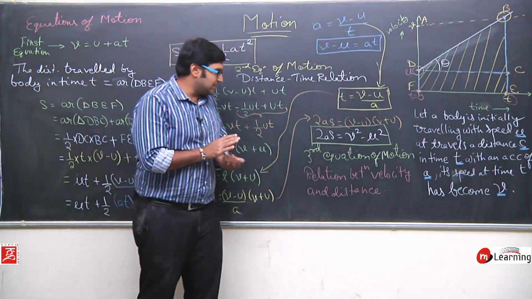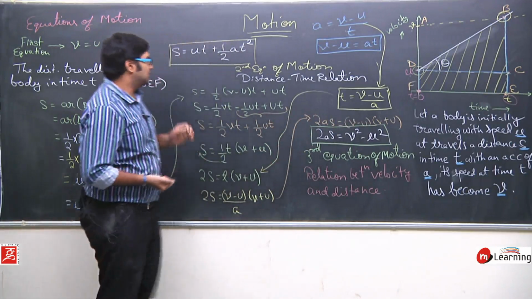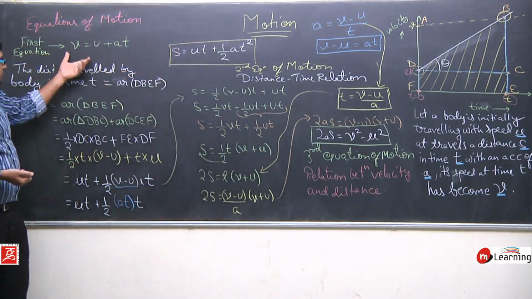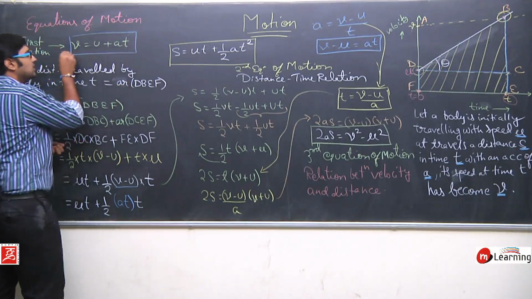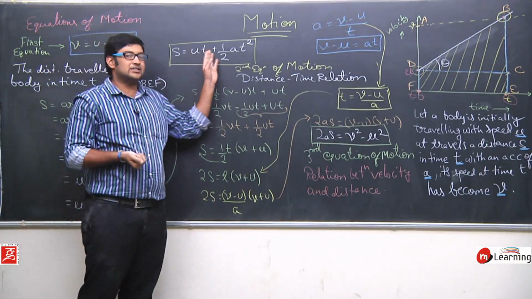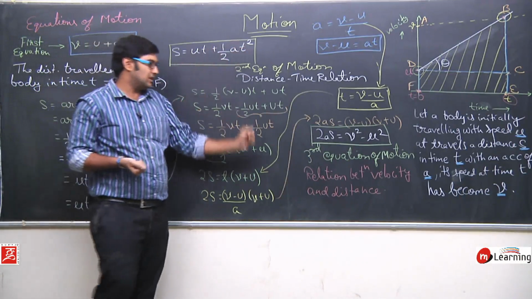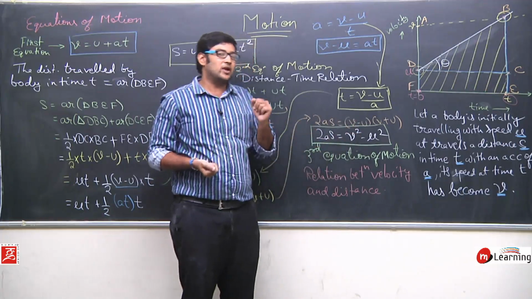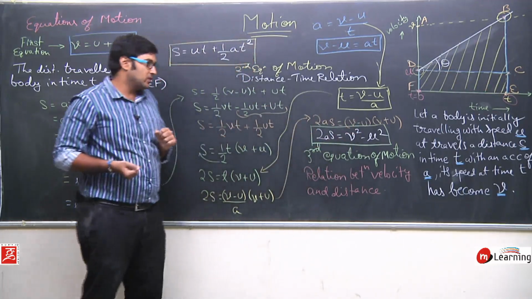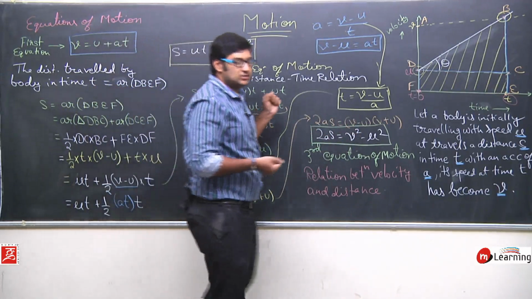Okay, so these are the three equations of motion. This is the first equation of motion, v is equals to u plus at. Okay, this is the second equation of motion, s is equals to ut plus half at square, and this is the third equation of motion, 2as is equals to v square minus u square. So these are the three important equations of motion.